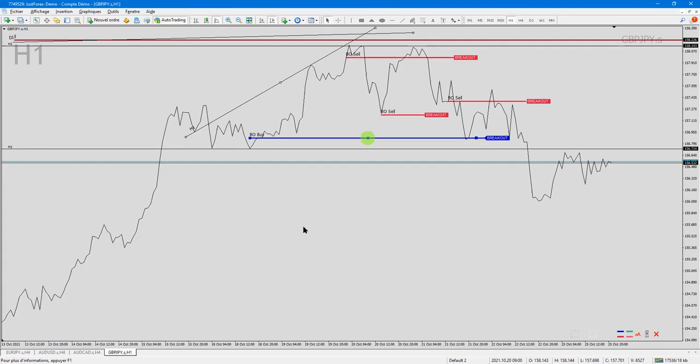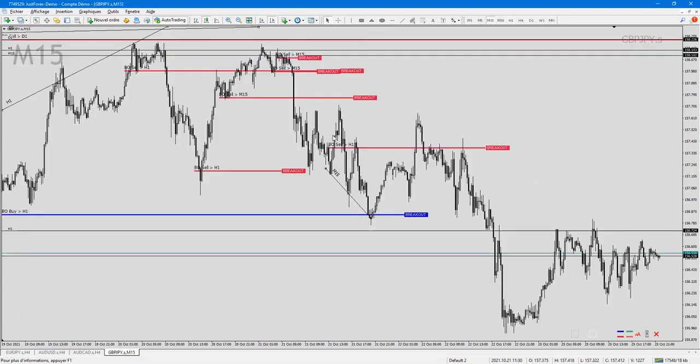Let me see. So we got the M15 buy setup here, and our roadblock, our stopper for the M15 trade is H1 again.